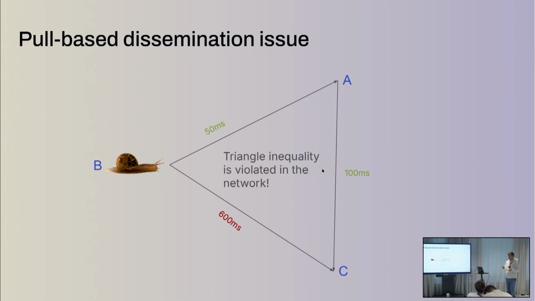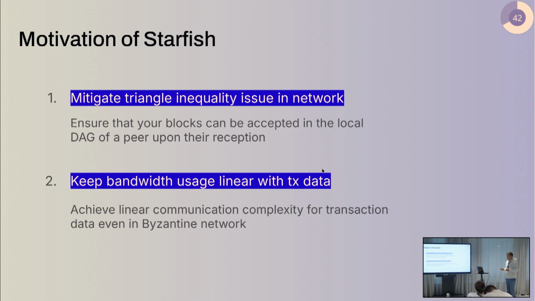It could be not only a network problem, it could also be a software problem, because we do some throttling. The motivation for Starfish is that we want to mitigate this triangle inequality violation in the network. We want to ensure that once you send your block, that block can be accepted in the local DAG of the peer.